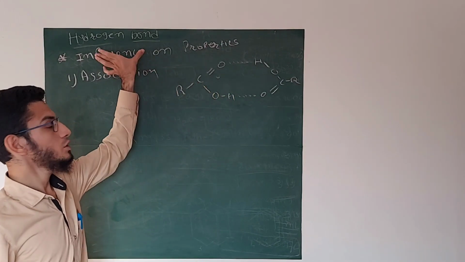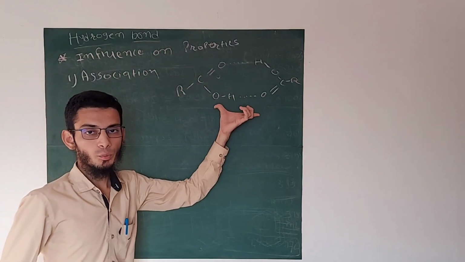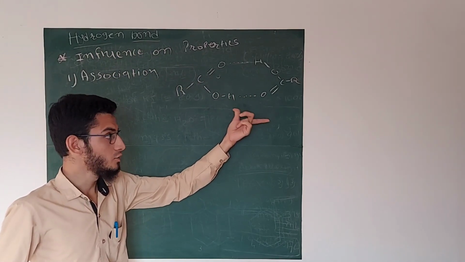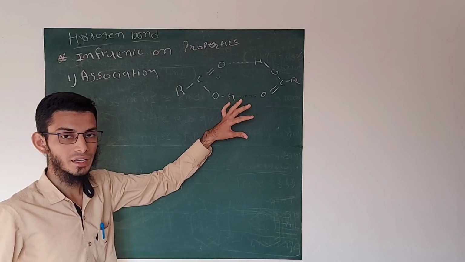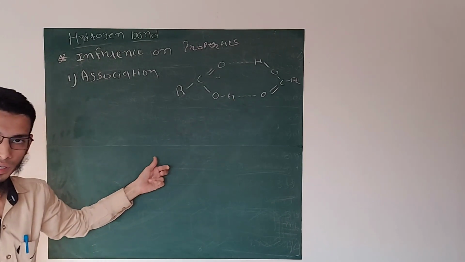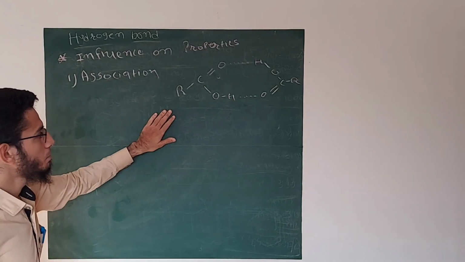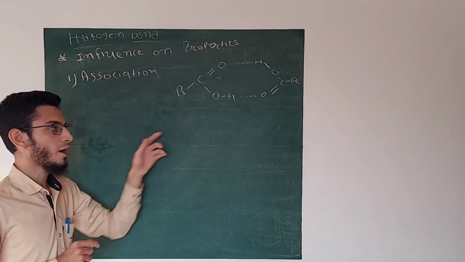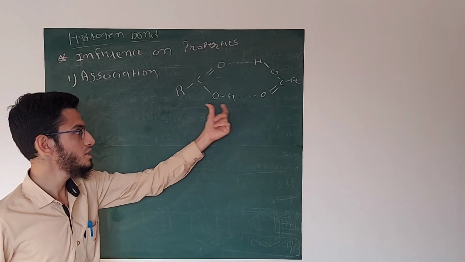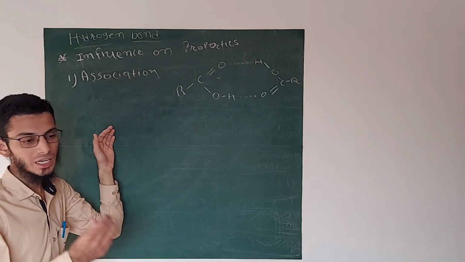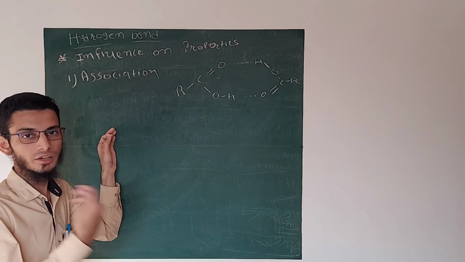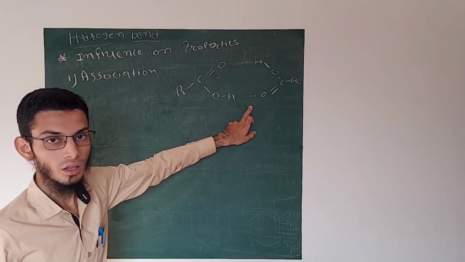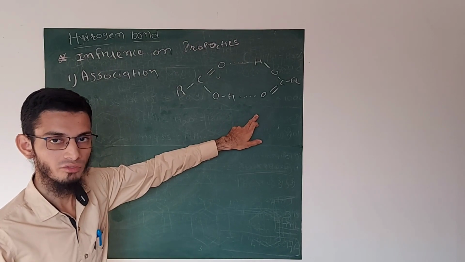So the hydrogen bond influences the properties of this molecule. Why? The association takes place, and the melting point and boiling point also increase. But remember one thing: the hydrogen bond will be weak when the chain length is higher. If the chain length increases, the strength of the hydrogen bond will decrease.